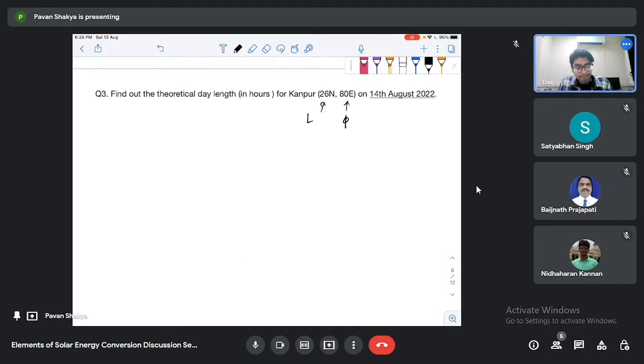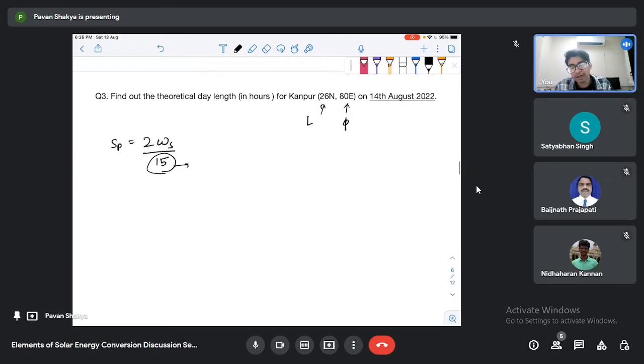So I hope that you have gone through the lectures, and you are aware of the formula for calculation of this theoretical length. The formula for this calculation is SP equal to 2 omega s by 15, where this 15 comes because the earth revolves 15 degrees in 1 hour.